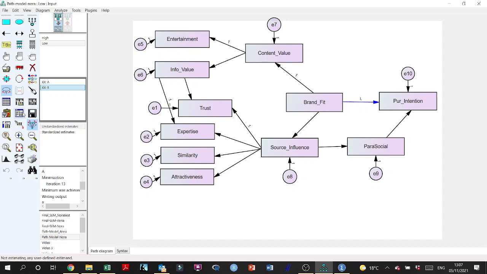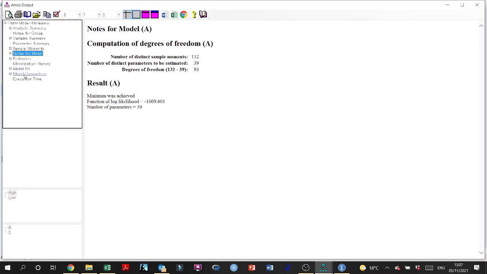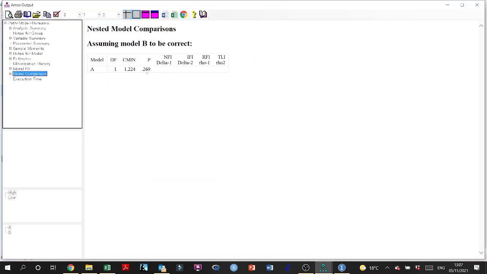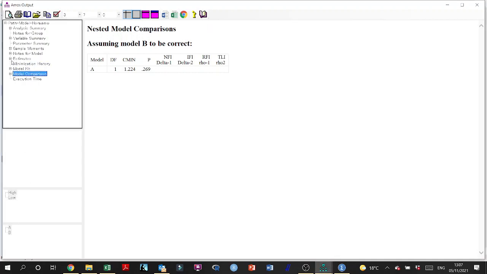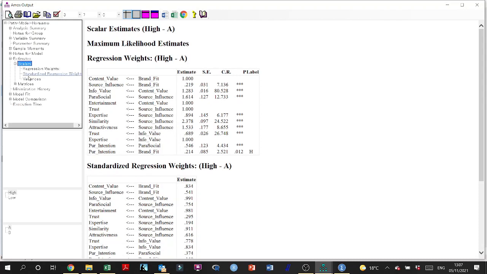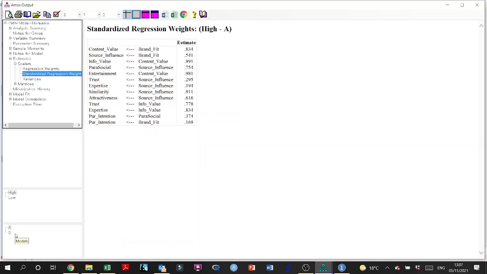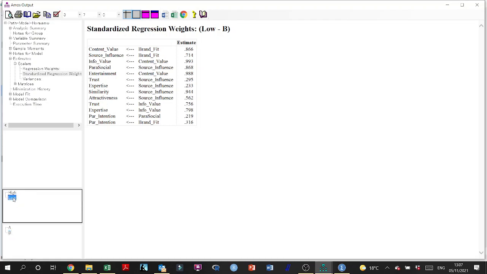And once it is done, I'm going to take the model comparison here, which is 0.269. So for recommendation, it is 0.269. And then I'm going to go to the estimates, the scalars, the standardized, and then to the B model, which has no constraints, and I'm going to go to low, which is the brand fit over purchase intention, 316.